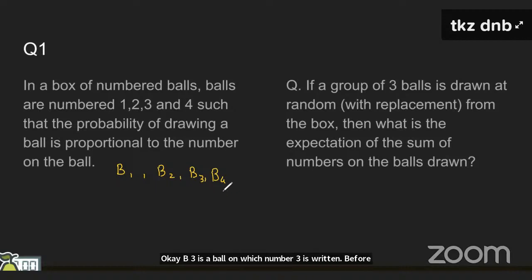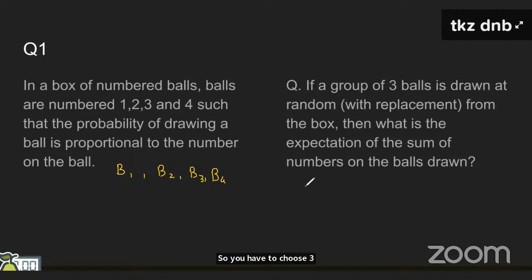Now the question is, you are picking up 3 balls with replacement, then what is the expectation of the sum of numbers on the balls? If you choose any of the balls, there is a number on that ball, right? So you have to choose 3 balls like that.